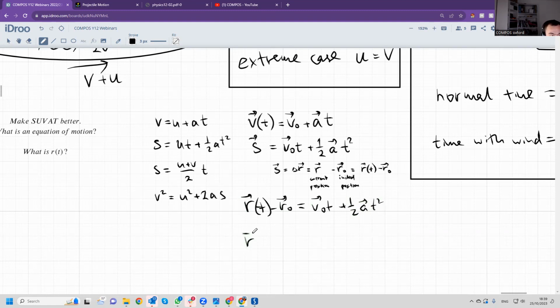In other words, r of t is equal to r0 plus v0t plus 1/2 a t squared.